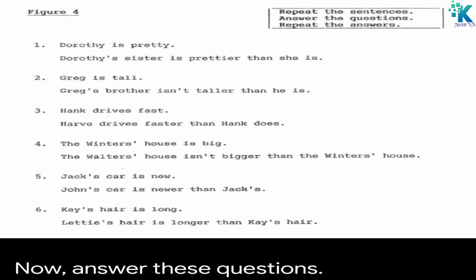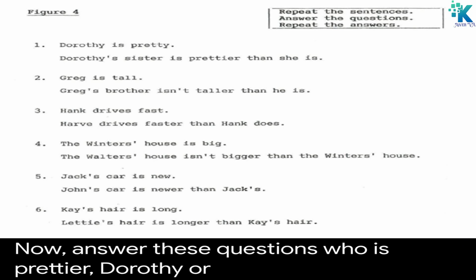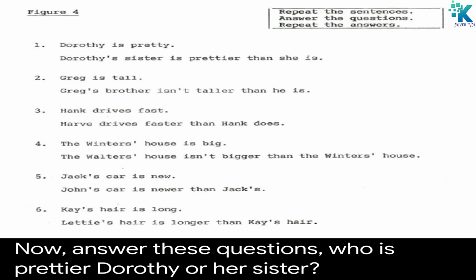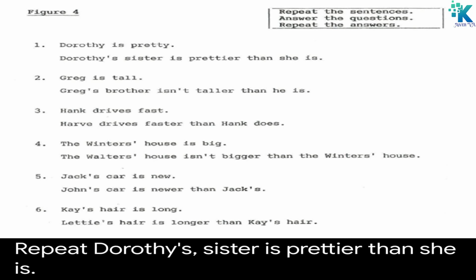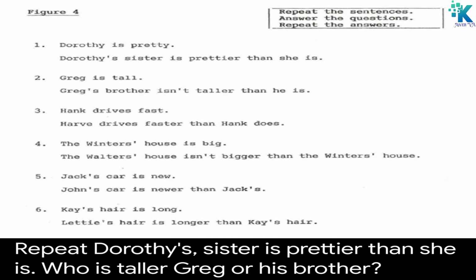Now answer these questions. Who is prettier, Dorothy or her sister? Repeat. Dorothy's sister is prettier than she is. Who is taller, Greg or his brother?